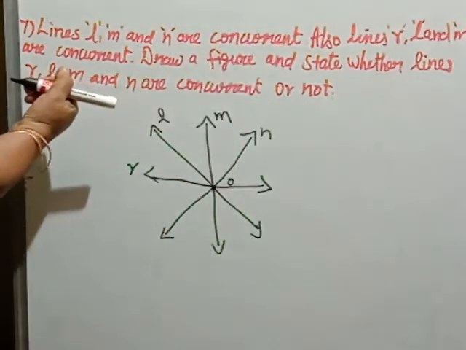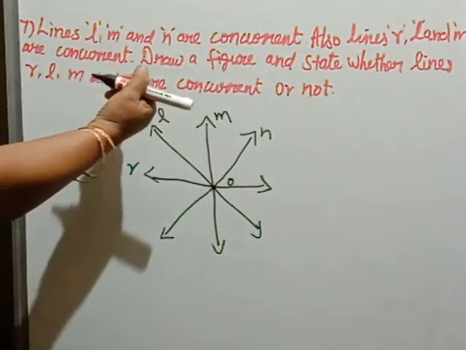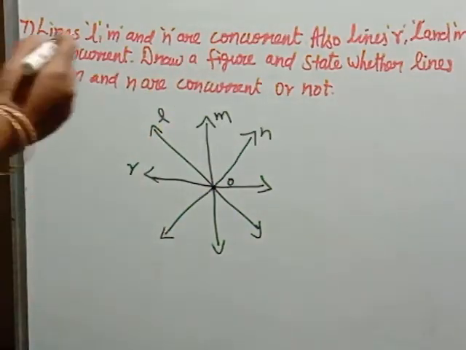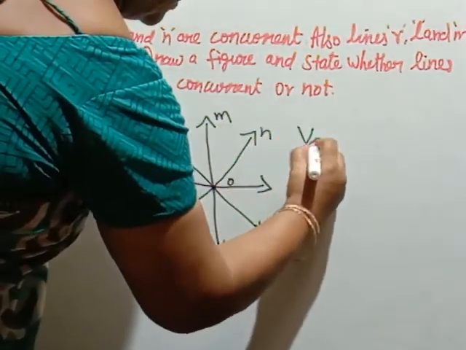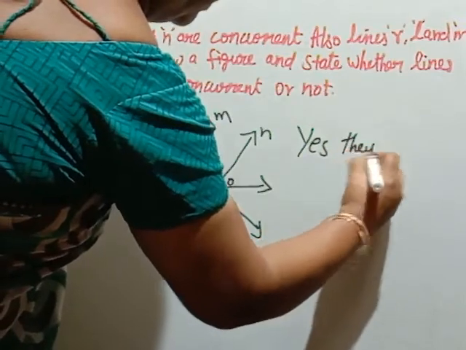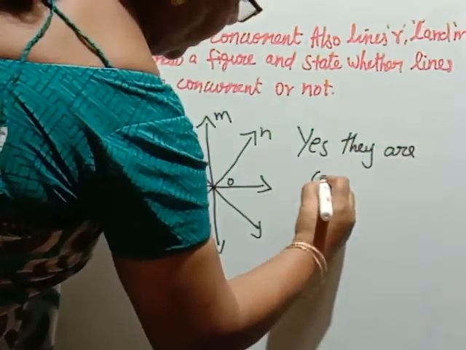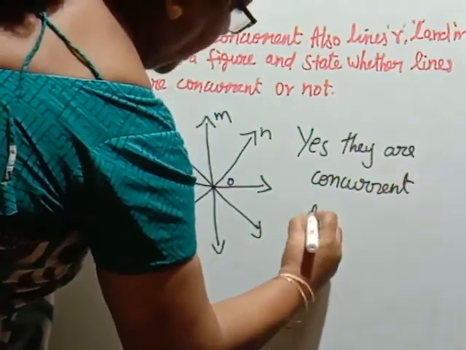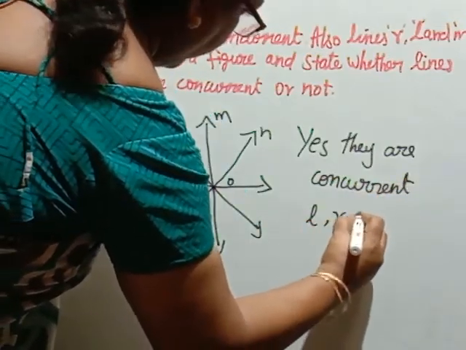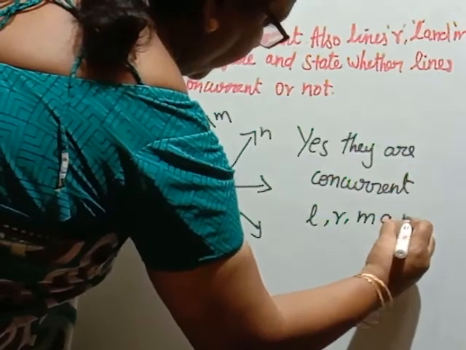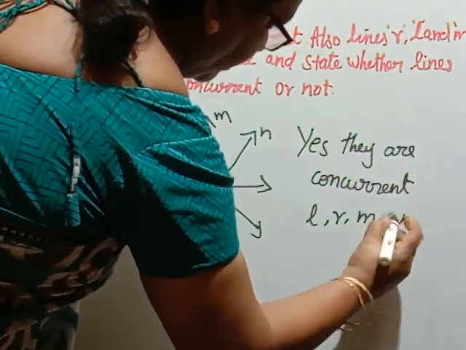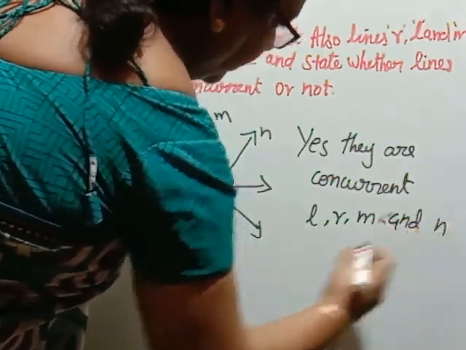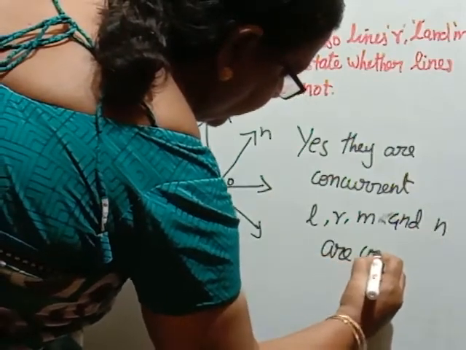So, they are asking whether R, L, M and N are concurrent or not. Yes. L, R, M and N are concurrent.